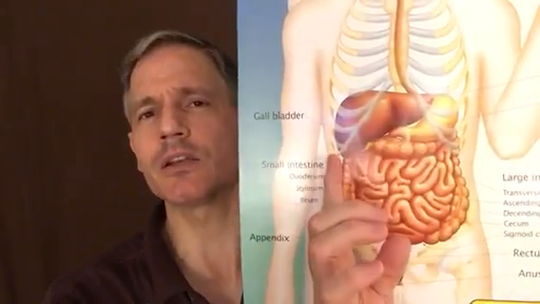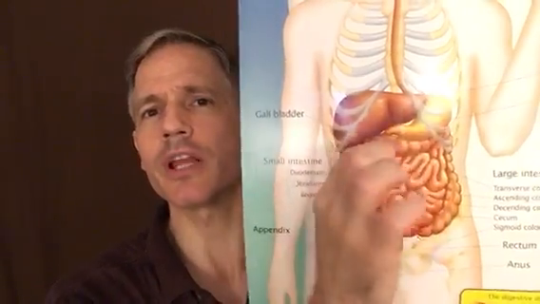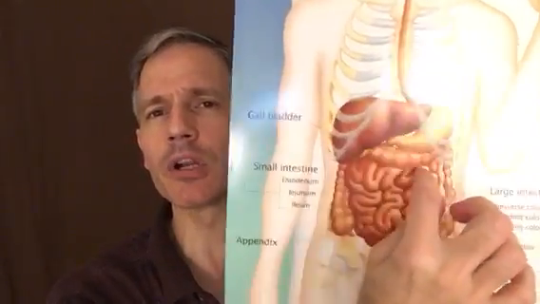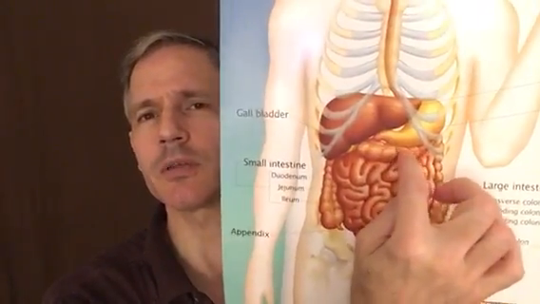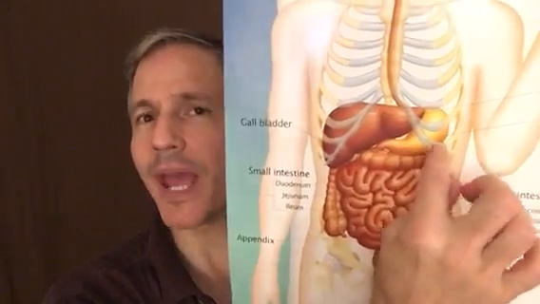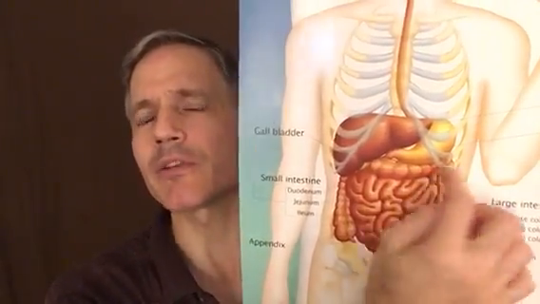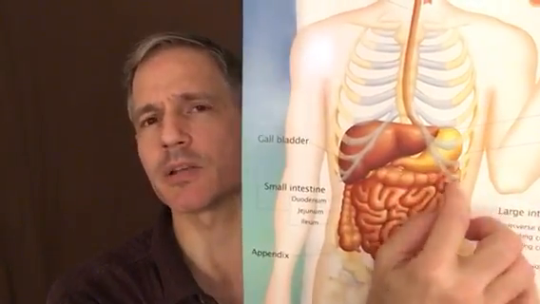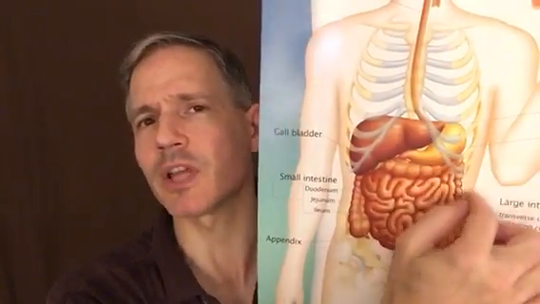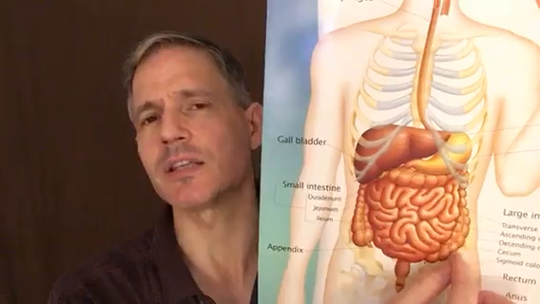So there's the ascending colon, the hepatic flexure, the transverse colon, which comes back forward just underneath the stomach, and then goes back down toward the back again in the splenic flexure. The spleen is behind the stomach over here. So this is the splenic flexure, and then we go into the descending colon.